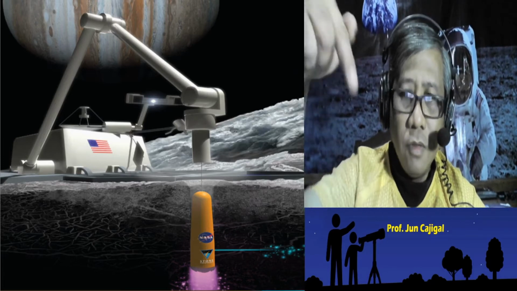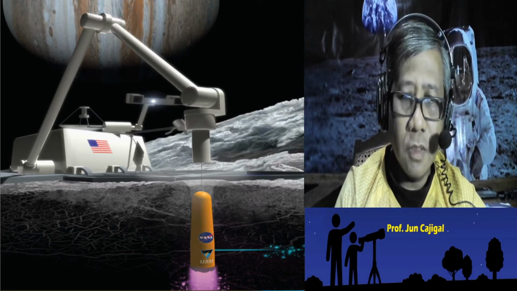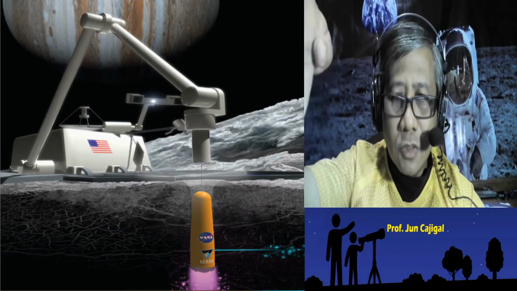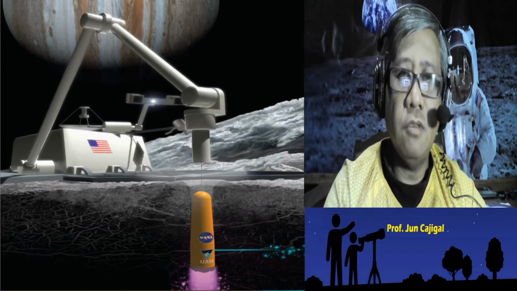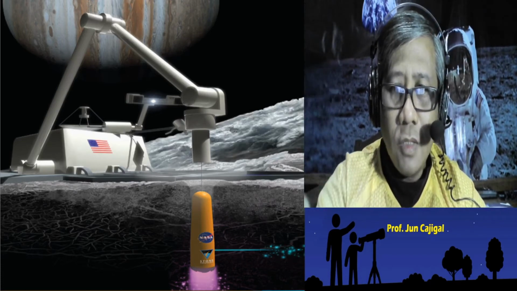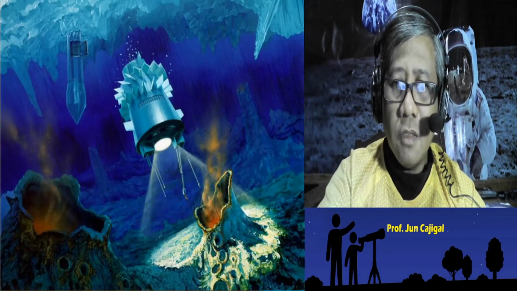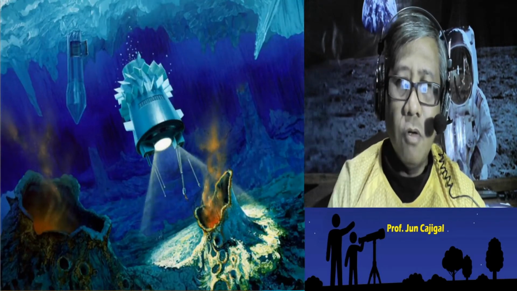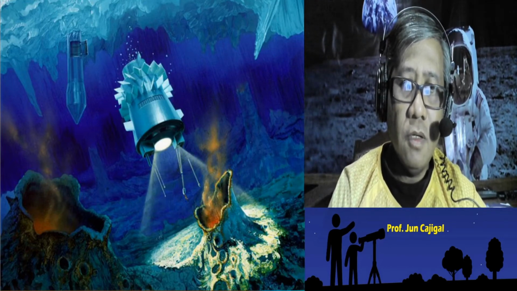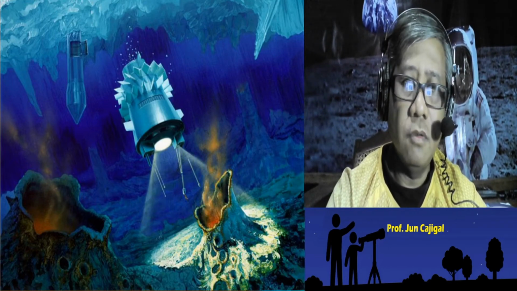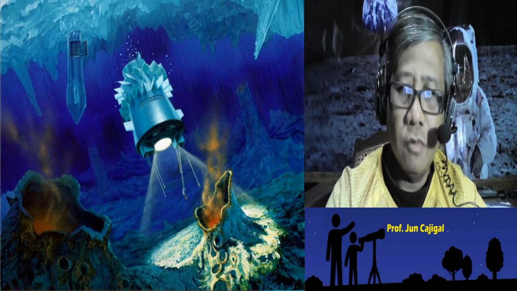Okay, it would drill into the solid icy sheet of Europa using lasers. So magbubutas sila dun sa icy solid sheet of Europa, and once they have penetrated the icy sheet, they will send a robotic autonomous submarine dun sa ilalim, to detect the presence of life beneath the icy sheet of Europa.